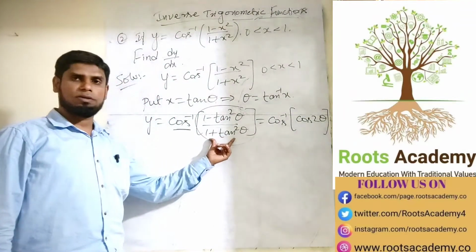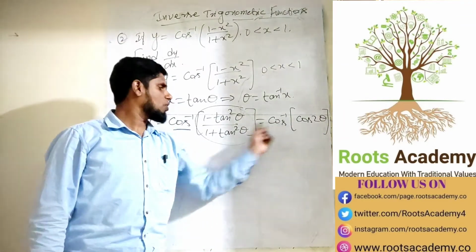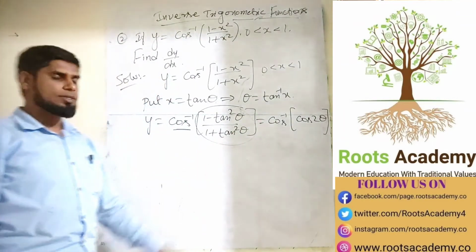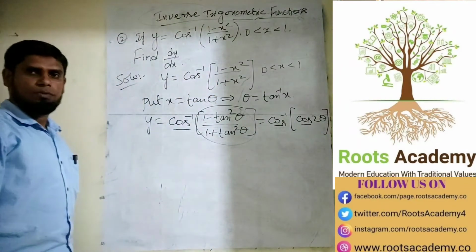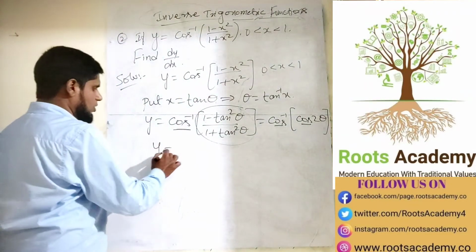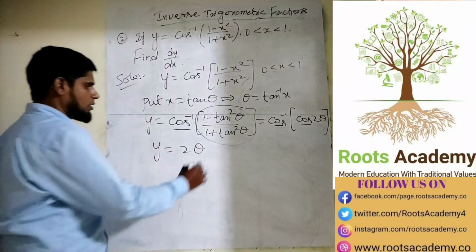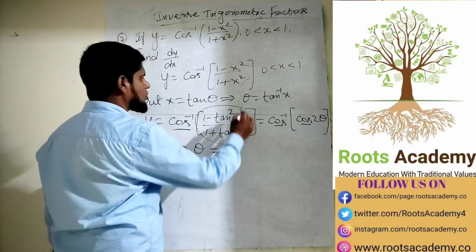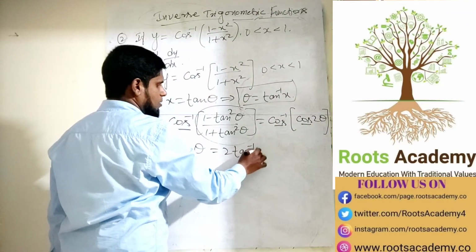Inside the bracket, whatever is there can be written as cos 2 theta, the fourth form of cos 2 theta. So again, the inverse and the function come together, and both get cancelled. Finally, I get y equals 2 theta, that is, y equals 2 tan inverse x.